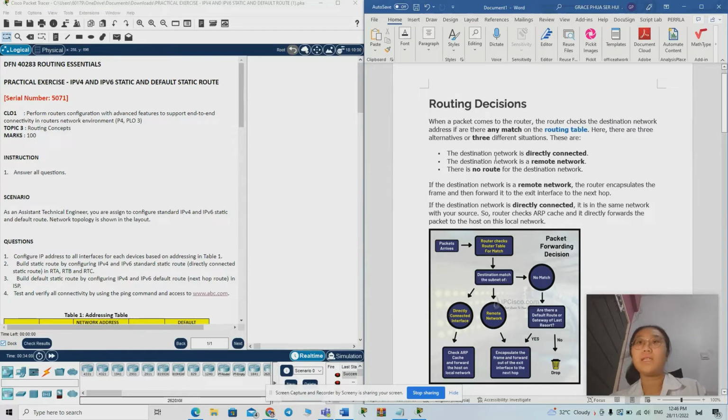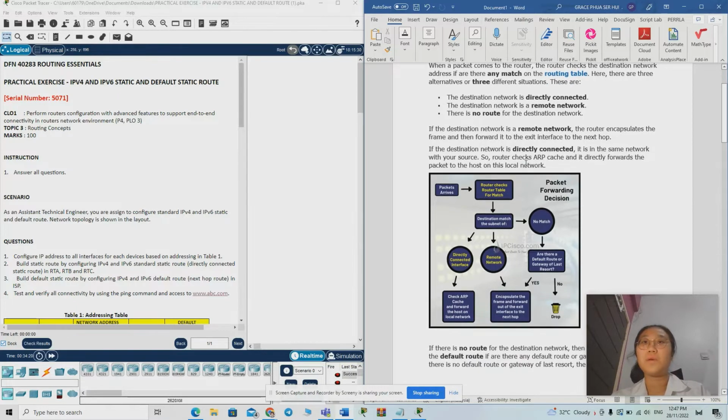The first is the network is directly connected, the second is the network is a remote network, and the third is there's no route for the destination network. If the destination network is a remote network, the router will encapsulate the frame and then forward it to the exit interface to the next hop.